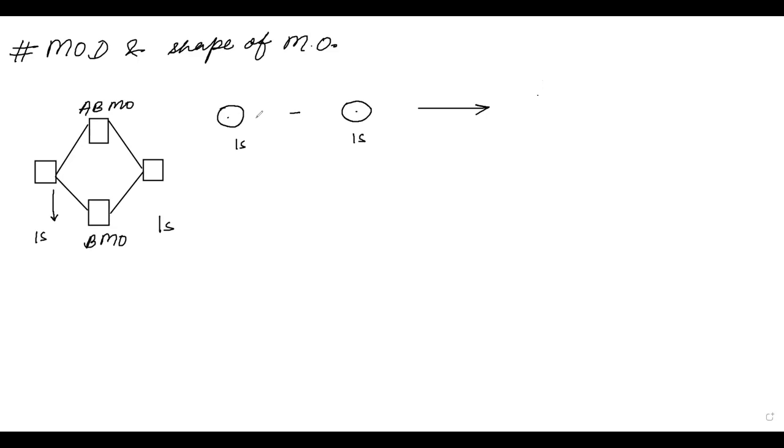Now when these two are subtracted, what is happening? Destructive interference. So in between, the electron density will go away. It will be something like kidney beans. This is the nucleus, this is the nucleus, and in between there is no electron density.